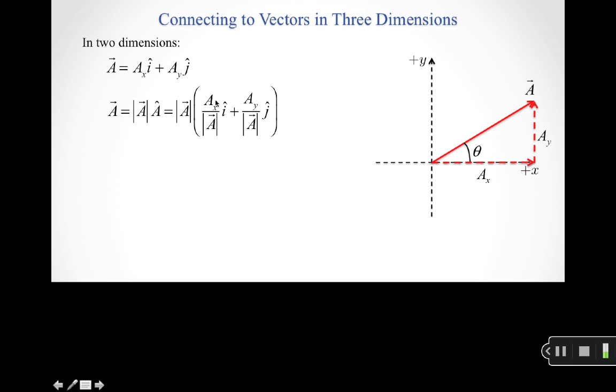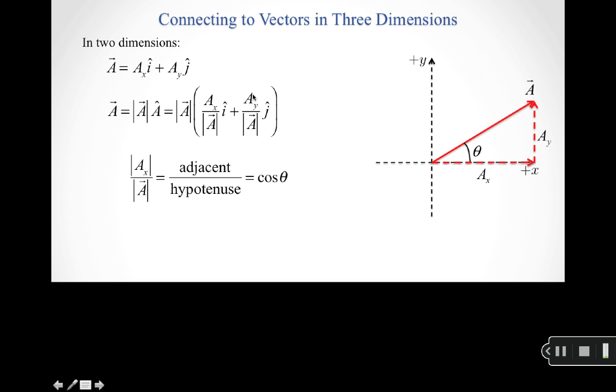Notice what we get is the magnitude of A times x component over magnitude of A. Well, the x component is this side, the magnitude of A is this side, and since I've got a right triangle, what that means is I have the adjacent side divided by the hypotenuse in my right triangle. That's just another way of saying cosine of the angle here that I've defined as theta.